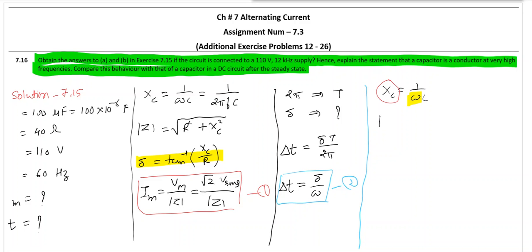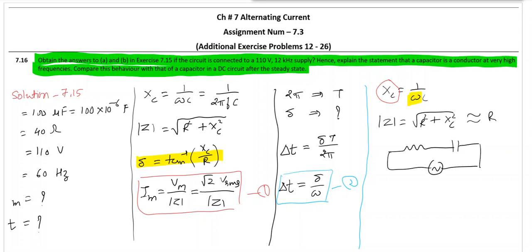And then the mod Z, which is under root R square plus XC square, if XC is negligible, becomes almost like R. So capacitive reactance vanishes, and then the circuit will behave as if there is no capacitor, because capacitive reactance is negligible. Okay, and then the current I RMS will be V RMS by R almost.